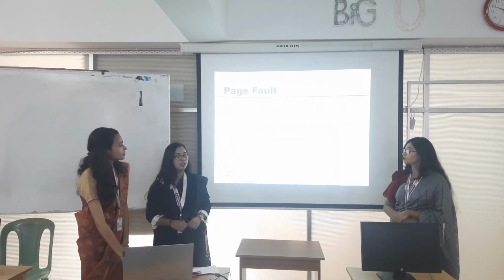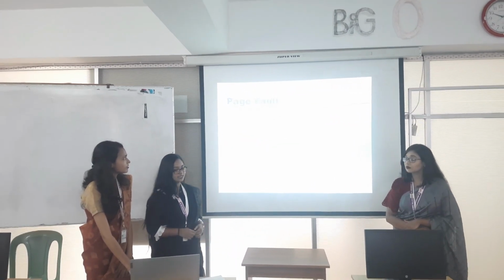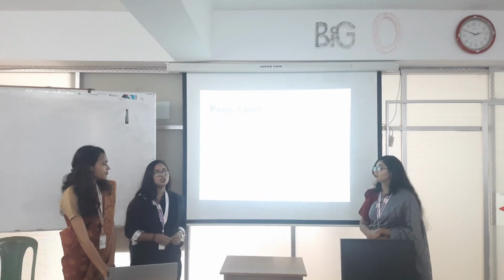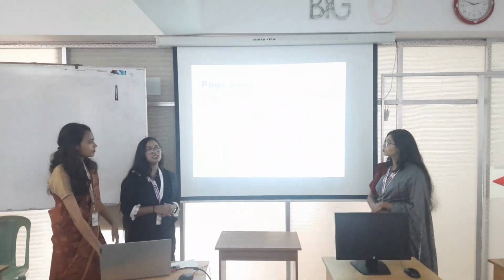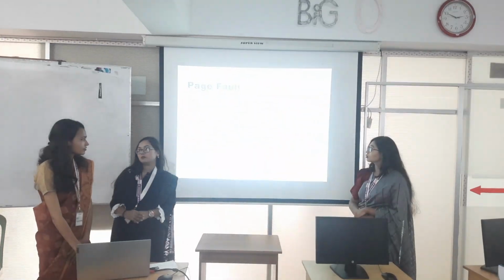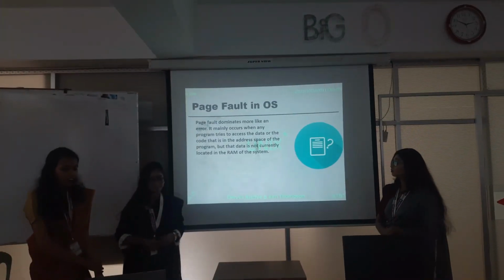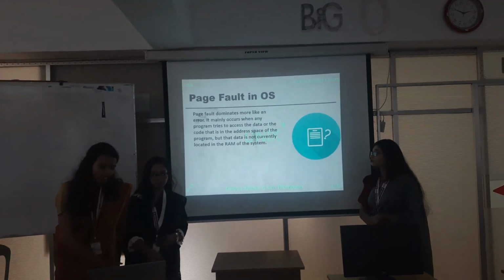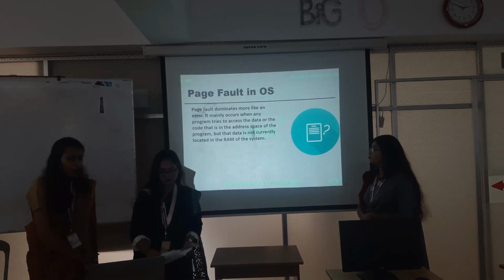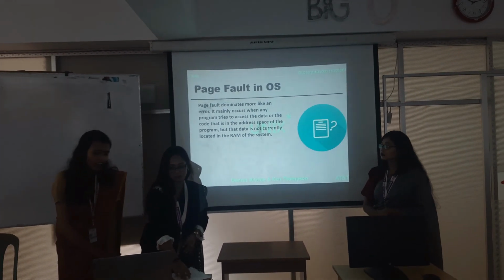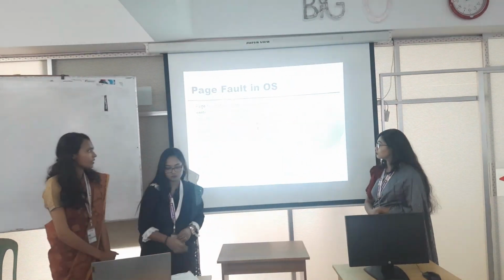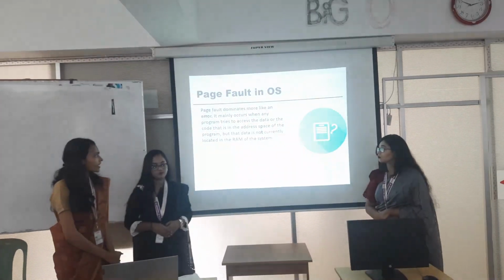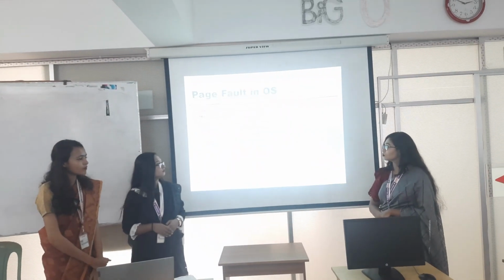When a processor wants to access a page and that particular page is not present in main memory, then a page fault occurs. It mainly occurs when a program tries to access data or code that is in its address space, but that data is not currently located in the RAM of the system.